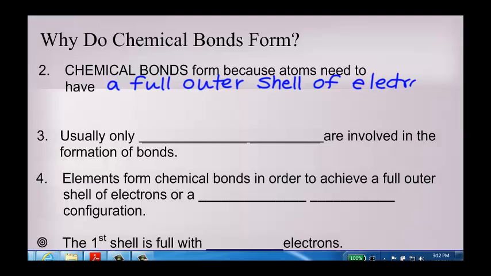Because a full outer shell of electrons is stability, it's happiness. We call a full outer shell of electrons a noble gas electron configuration.